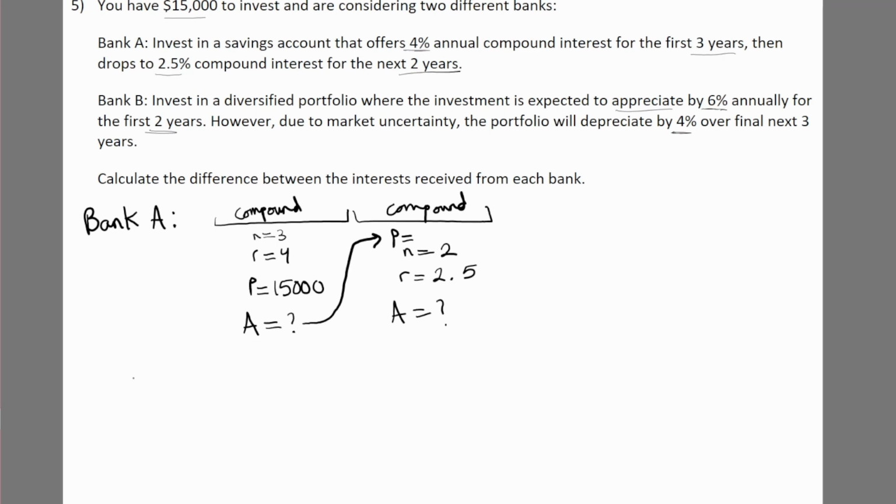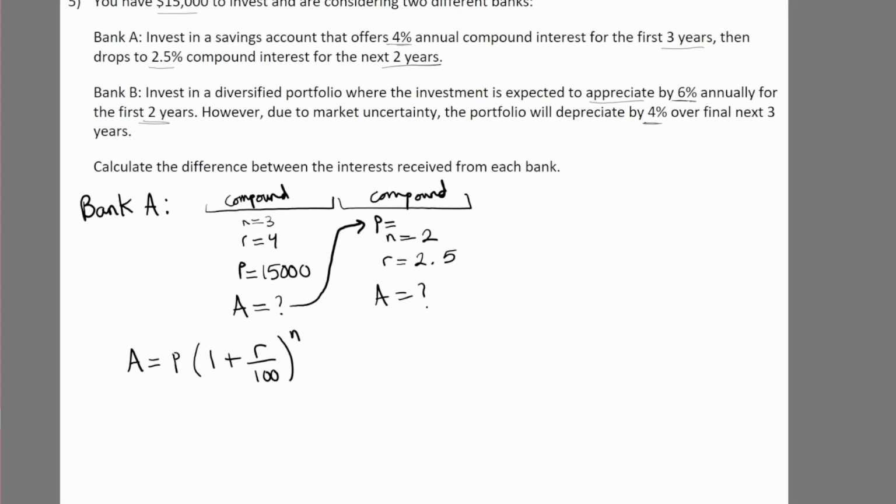So we're going to write down the compound interest rule, which is amount is equal to the principal multiplied by (1 + r/100) to the power of n. And so A is equal to 15,000 multiplied by (1 + 4/100) to the power of 3 years.